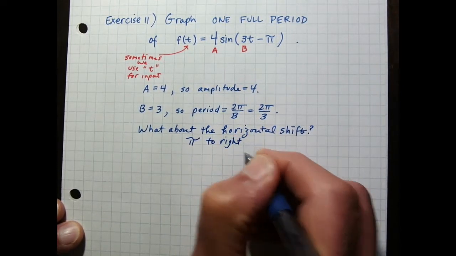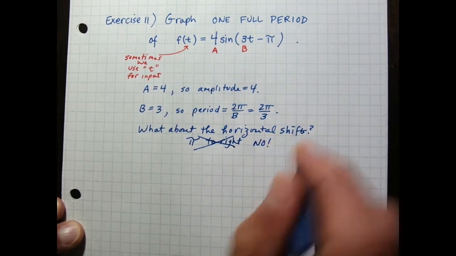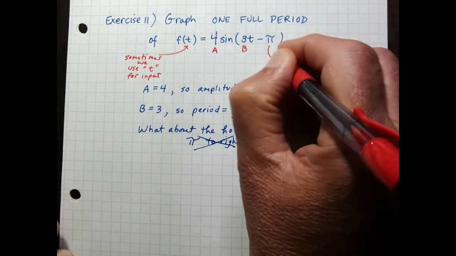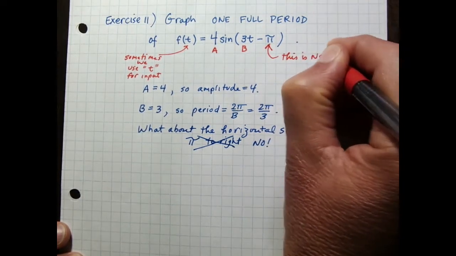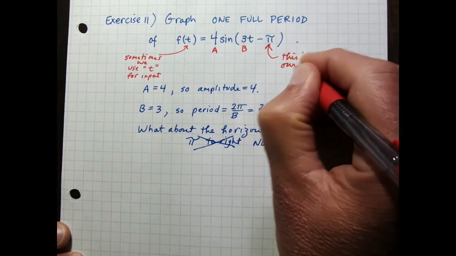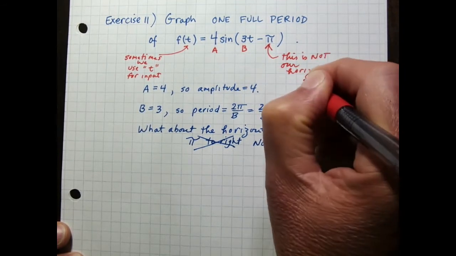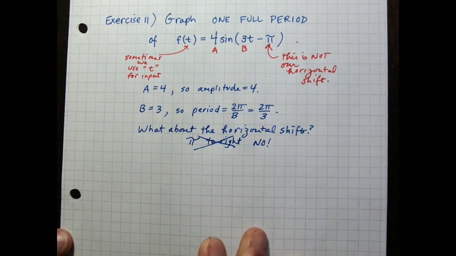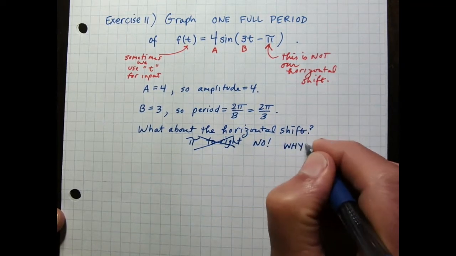There's an approach that works that way, but we're not taking that approach. We're going to say no. The horizontal shift is not pi. From the way this is written, this is not our horizontal shift. That's what we've got to get used to here. So of course the question is, why not?